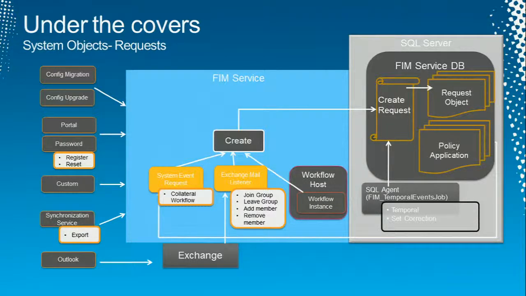This makes sure that we do not have a large number of extinct groups that nobody is using but that are still in the system. The way we do that is through group lifecycle management, and we have a temporal event. What that does is check which groups are going to expire within the next 60 days. It takes those groups and sends an email to the owners of the group saying, your group is going to expire, please extend the life of the group.